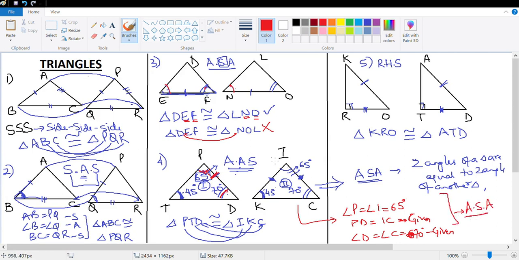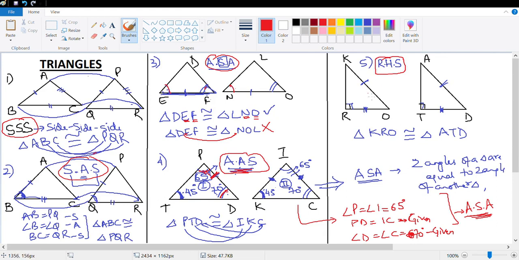So basically AAS is a type of angle side angle where the third angle is not given, but it will be equal. So 5 tests of congruency: SSS, SAS, ASA, AAS, and RHS. So these are the only 5 methods.